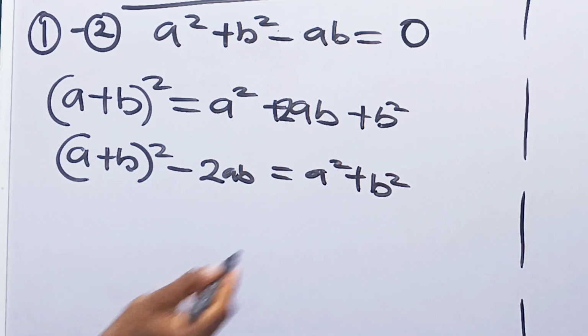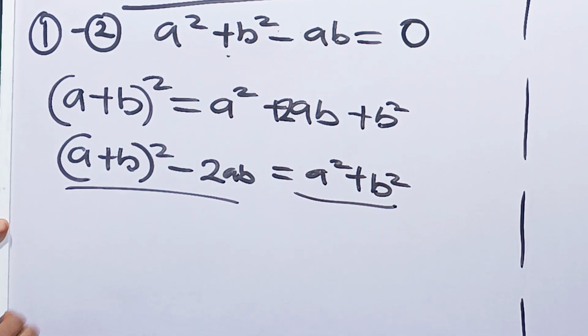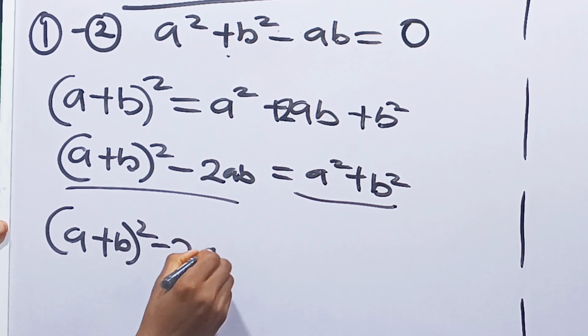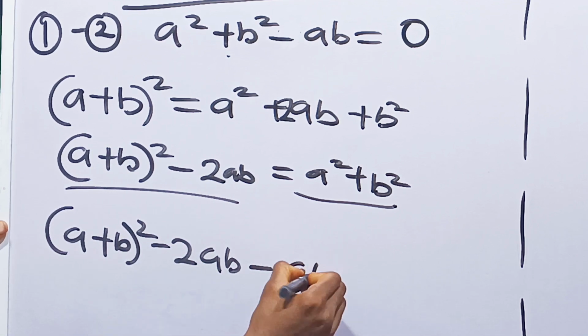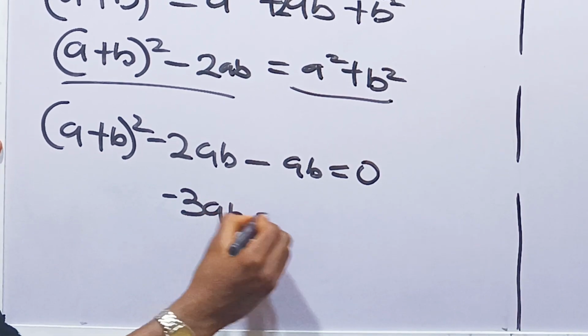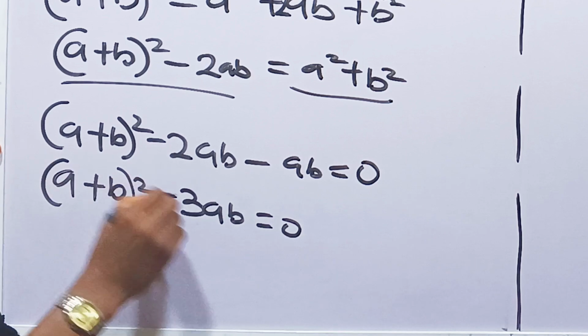Now, let's substitute this for a squared plus b squared in this equation. From here, we now have that (a plus b) all squared minus 2ab minus ab is equal to 0. From here, minus 2ab minus ab is minus 3ab, and then we have (a plus b) all squared.